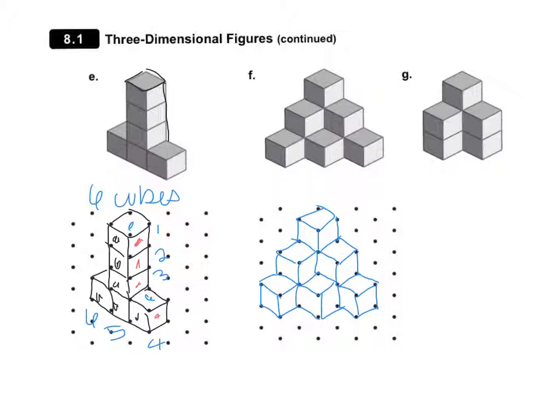Now we just need to color it in so we can tell what's the front and what are the sides and the top. So those are the front sides, or the fronts, and the sides are going to be these red ones. And then the tops will be blue.